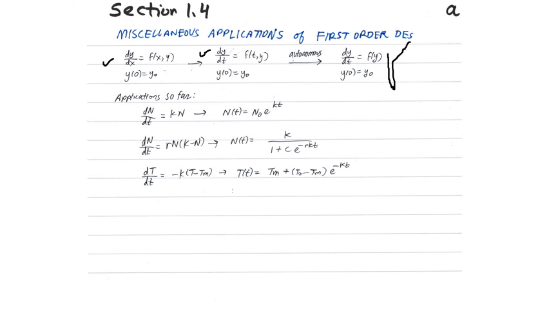So one of the first applications that we looked at was this, where we assume that we have a population n as a function of time, and we make an assumption that is valid for very simple populations.